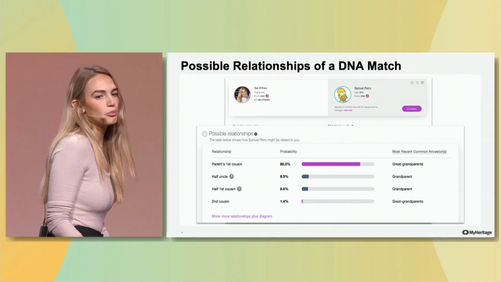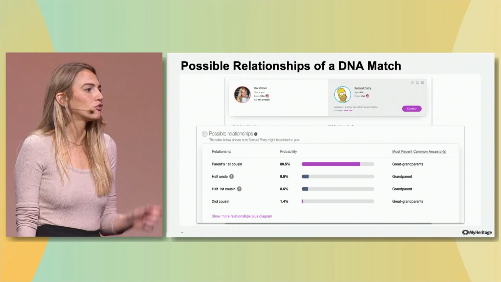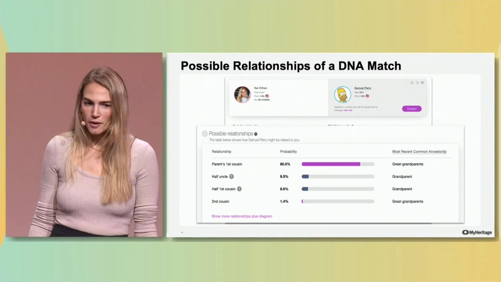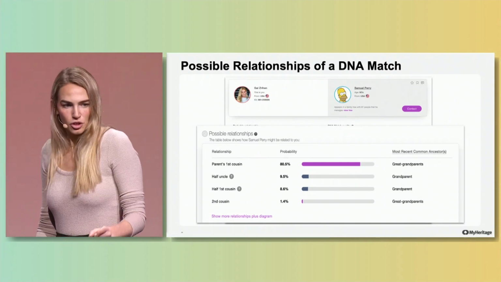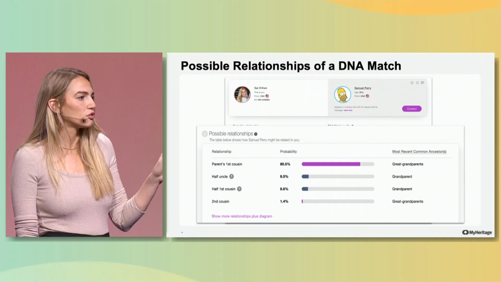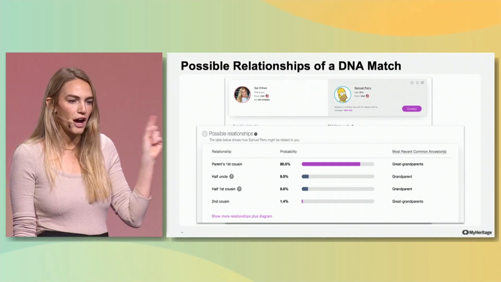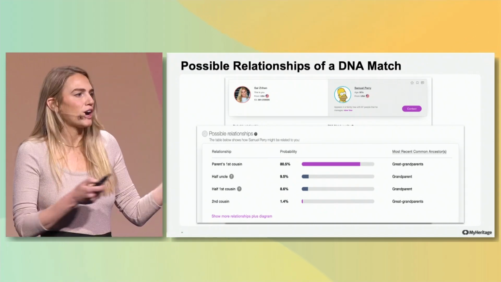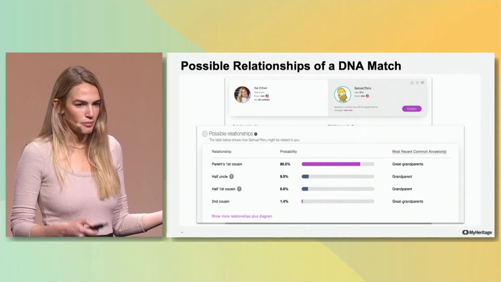We will provide you the probability so you can actually focus your research on the relationships that are most probable. It's not just that. There's no more range, but you can also see there's a difference. We tell you if it can be a full relationship or a half relationship. If it's a parent's first cousin, or maybe a half uncle or half first cousin.